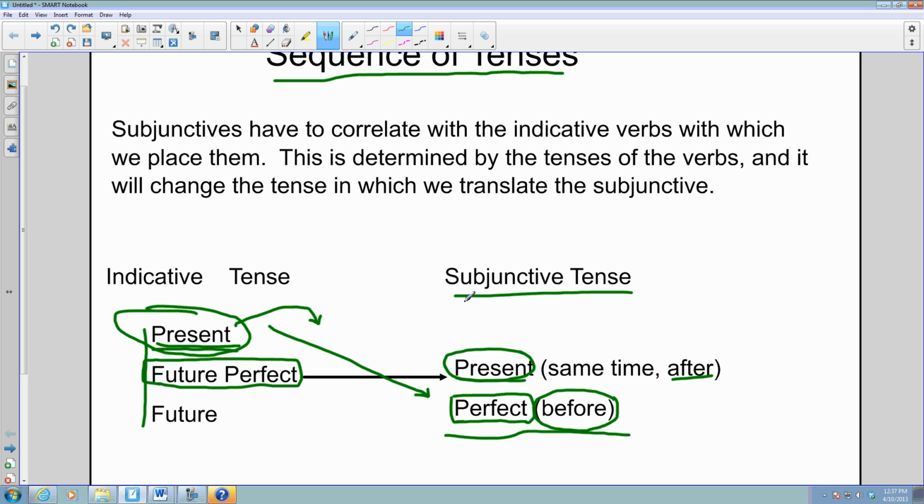Think of it this way: the tense doesn't really give the subjunctive a specific time. What it does is tell you what time the subjunctive verb happens in correlation with the main verb. If you use a present subjunctive, then it's happening at the same time or after the main verb. If you use a perfect subjunctive, then it's happening before the indicative verb.